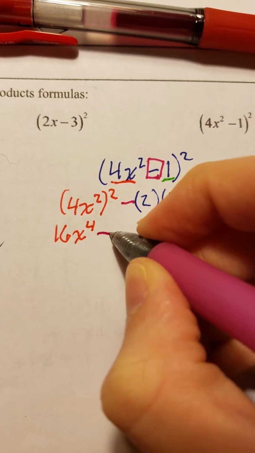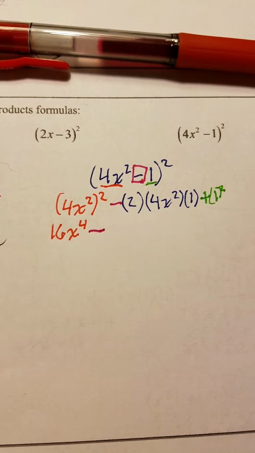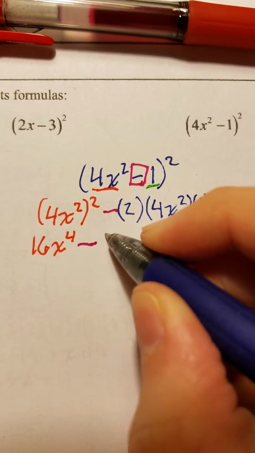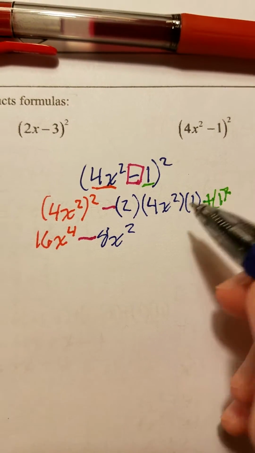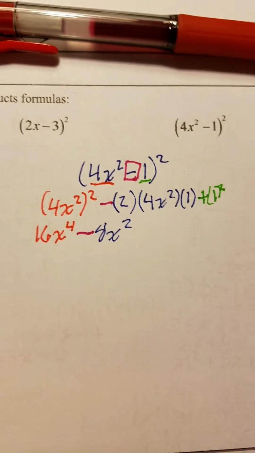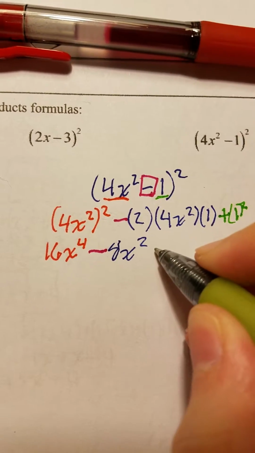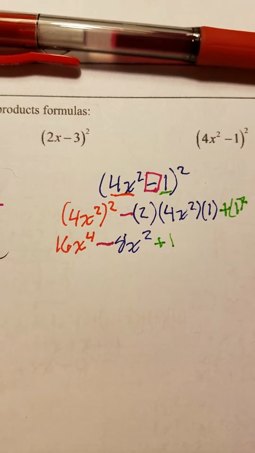You just bring down your little minus sign. And then 2 times 4 times 1, you just get 8x squared. And then 1 squared equals 1. If you didn't get 1, you need to go study.